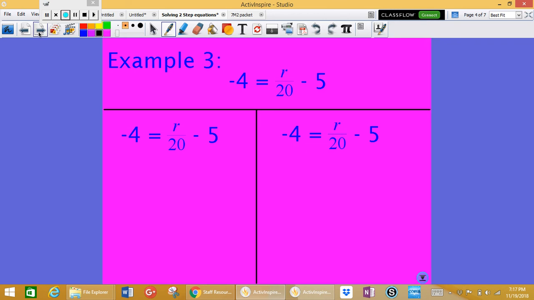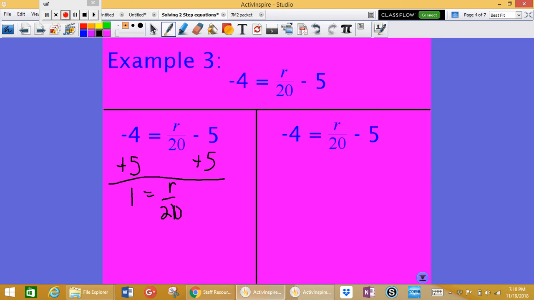Example 3. I did this in two different ways, so I can show you two different ways to do it. So first, I want to get the variable term alone, so I'm going to add 5 to both sides. So then I'm going to have 1 equals r over 20.